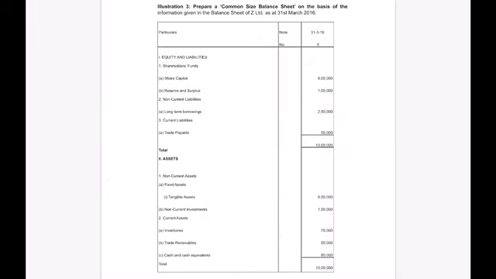Now let us understand the concept of common size balance sheet through an example. Here in the question, we need to prepare a common size balance sheet on the basis of the information given below in the balance sheet of Z Limited as at 31st March 2016. In this question, only a single year is given.